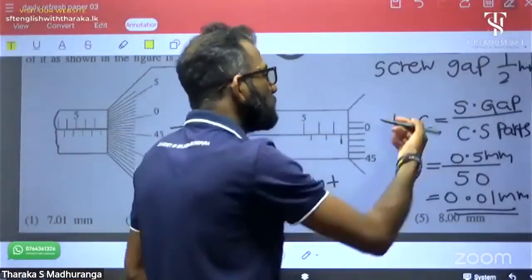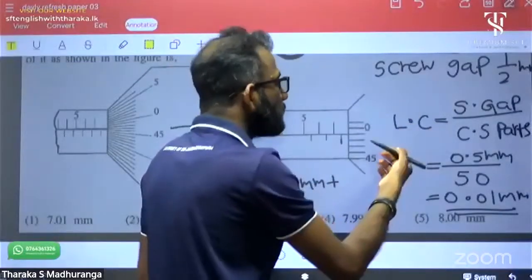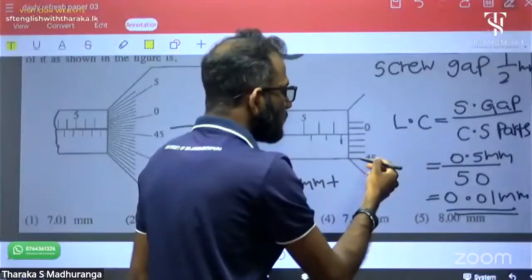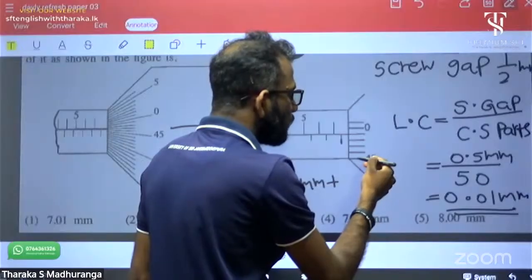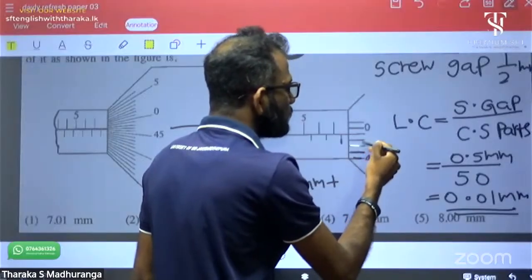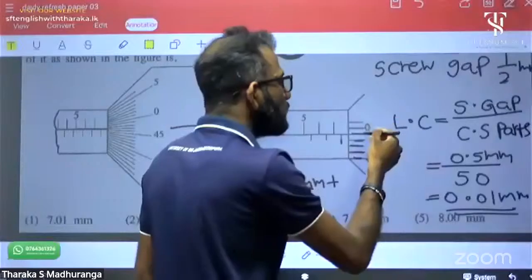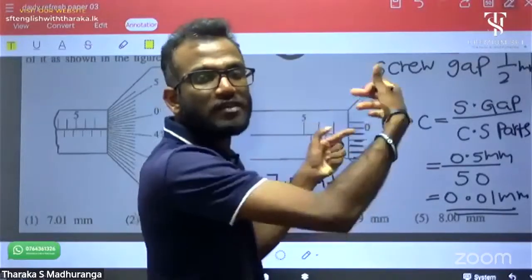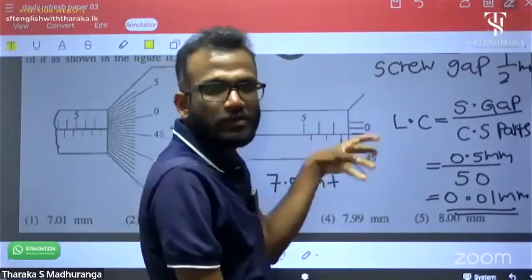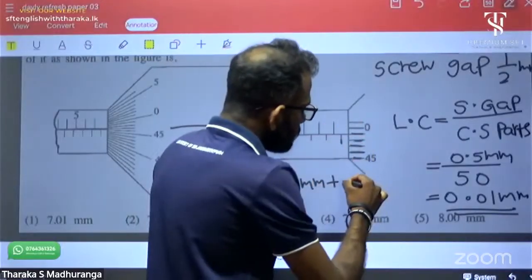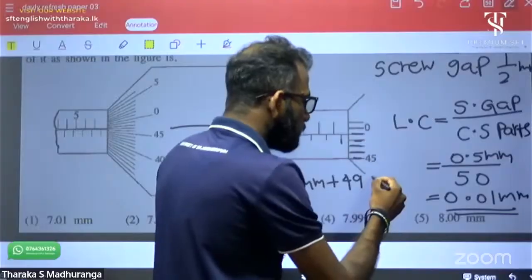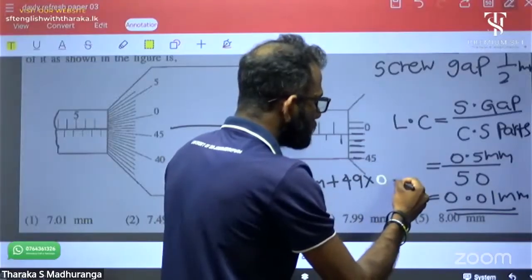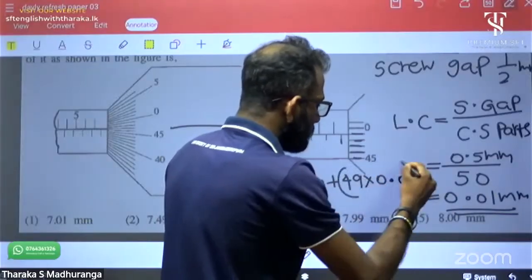Second step, you have to get the number of coinciding parts. 45, 46, 47, 48, 49. The 50th part is 0 again. That's why it has 50 circular scale parts. Then 49 is the circular scale reading, multiplied by the least count, 0.01 millimeter.